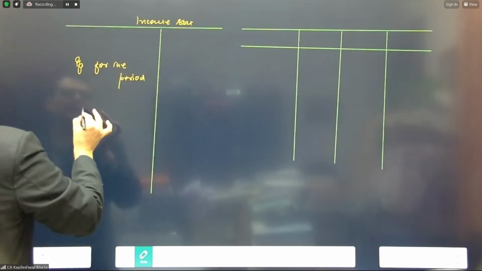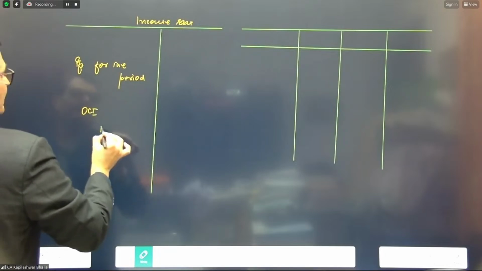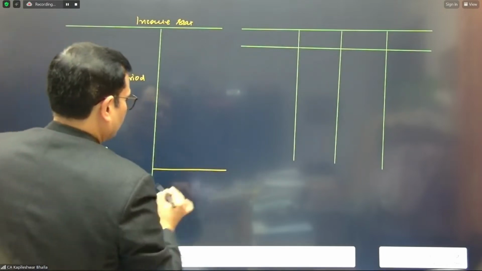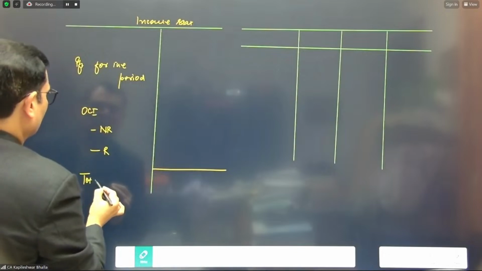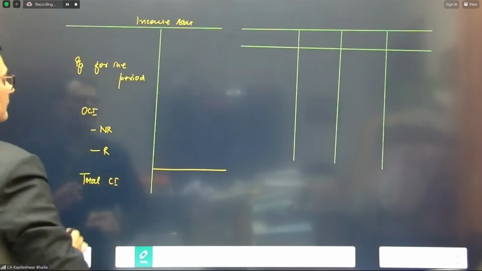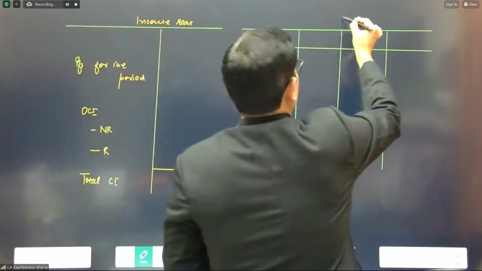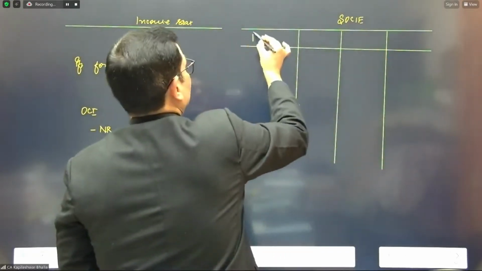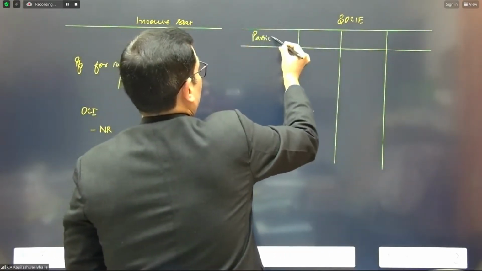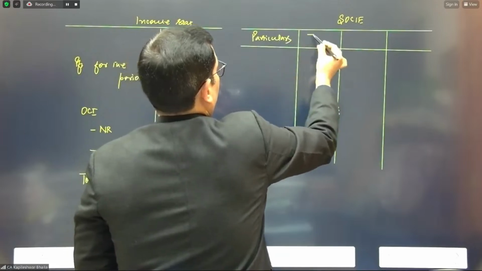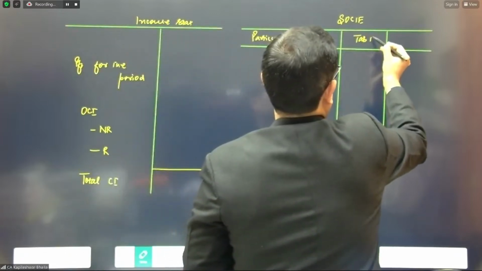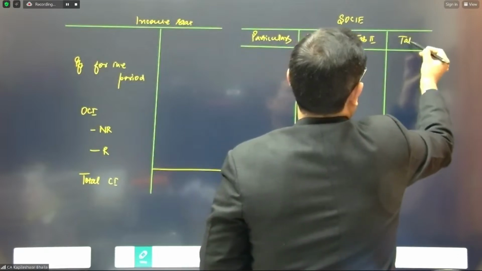And then you consider other comprehensive income, which is NR, and the concept of R, and we get a total comprehensive income. Let's consider this is SOKI, the statement of changes in equity. Let's consider this is the particulars. This is the tab number 1. This is the tab number 2. And this is the tab number 3.